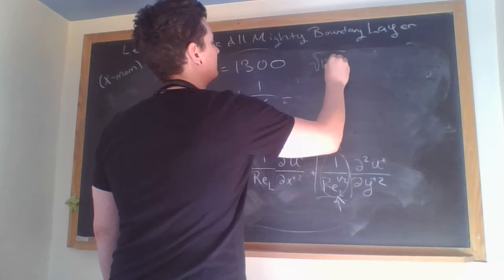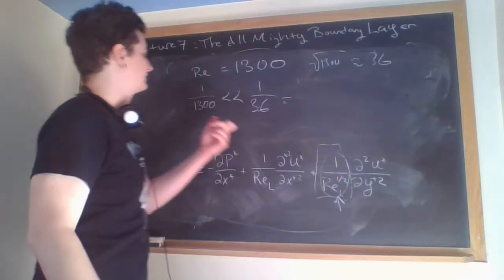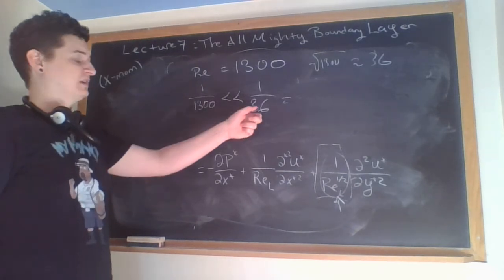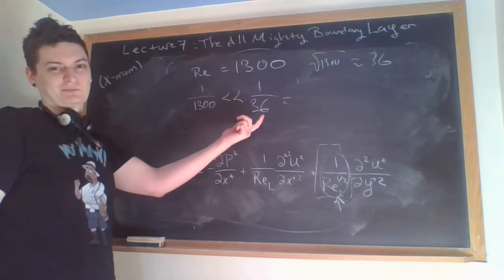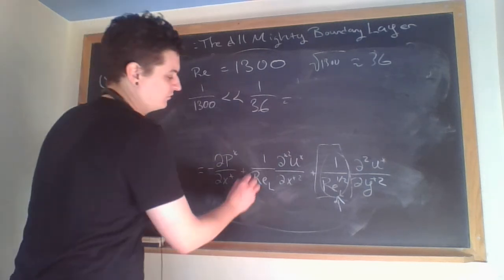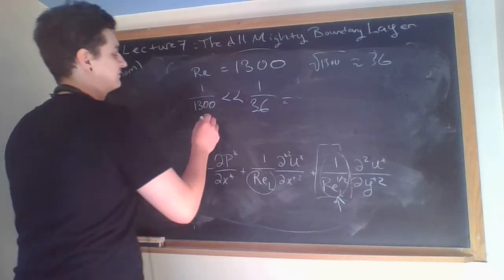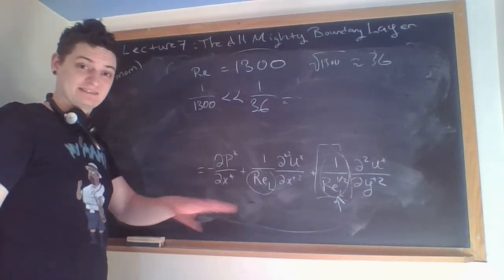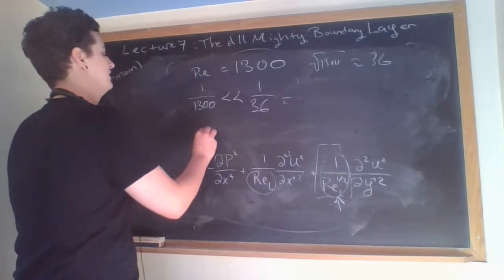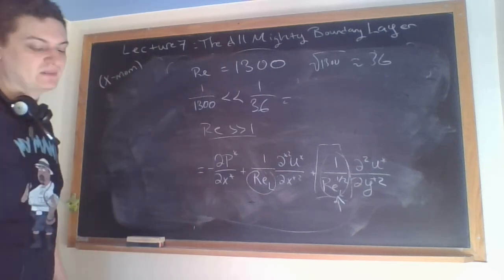It's the square root, 36, so 1 divided by 1300 compared to 1 divided by 36. This is a smallish number, but nowhere near as small as the full power. We get issues if Reynolds number is much, much less than 1, but that's not what we consider with boundary layer. We only talk about when the Reynolds number is greater than 1. So sometimes you say much, much greater. So that's critical.